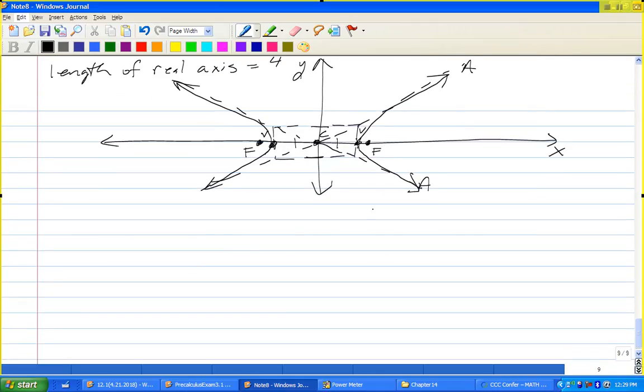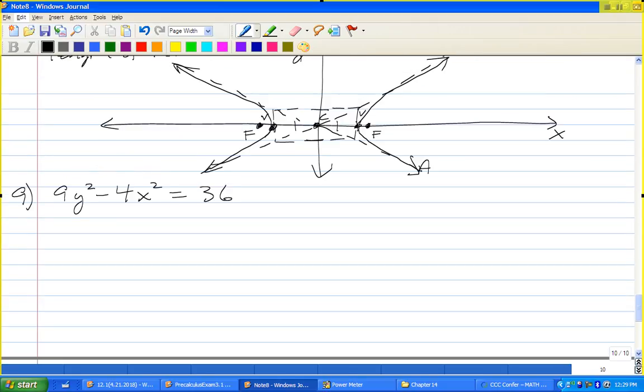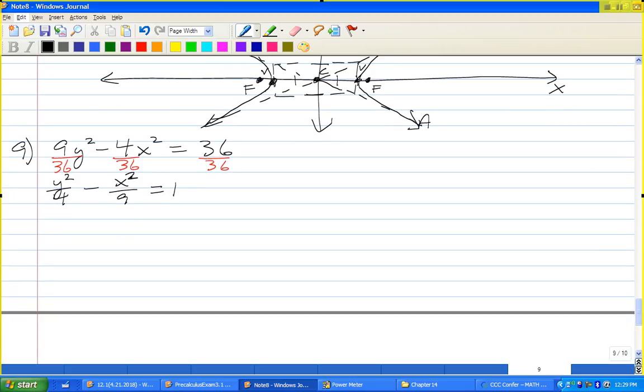9. 9y squared, 4x squared, 36. Divide both sides of the equation by 36. So you get y squared over 4 minus x squared over 9 is equal to 1. So the center is at the origin.